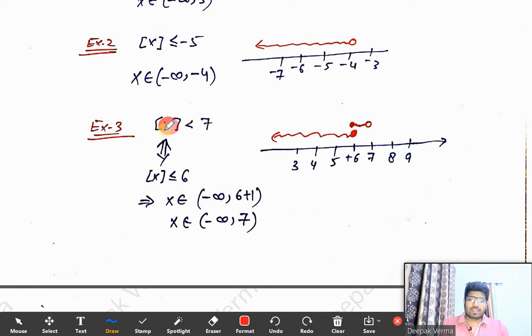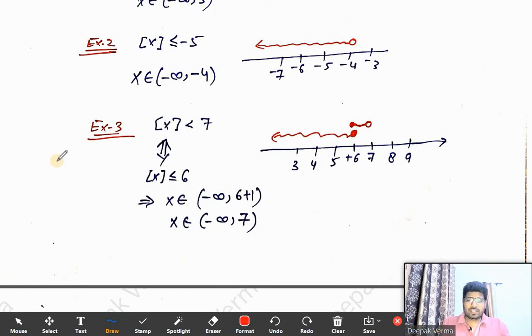Got it? If we have box x less than 7, now pay attention, here we have less than, we don't have an equal to sign here. Got it? So box means integer. Integer less than 7 means we can write it like box x less than or equal to 6. So whenever we have box x less than 7, first write like this, box x less than or equal to 6. Got it?